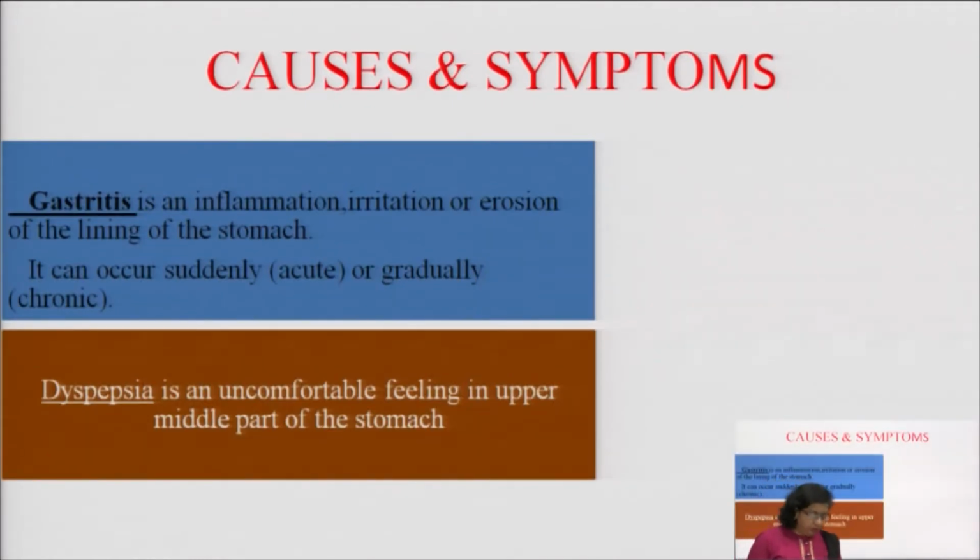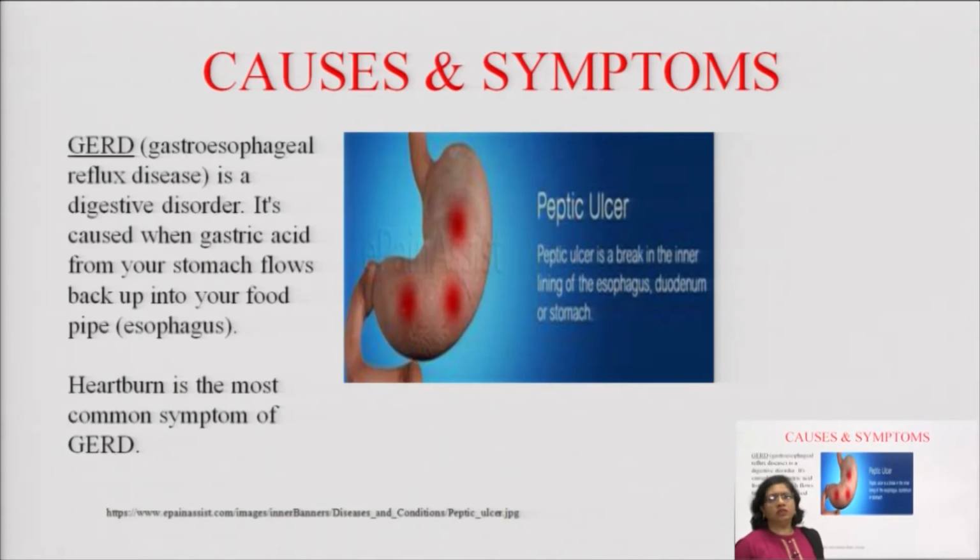Now, we will move to the causes and symptoms of GRD. You see the stomach; peptic ulcer is a break in the inner lining of the esophagus, duodenum or stomach. GRD, gastroesophageal reflux disease, is basically a digestive disorder.